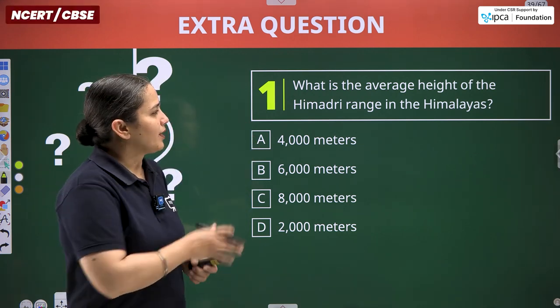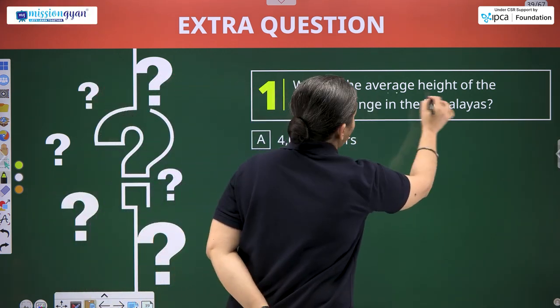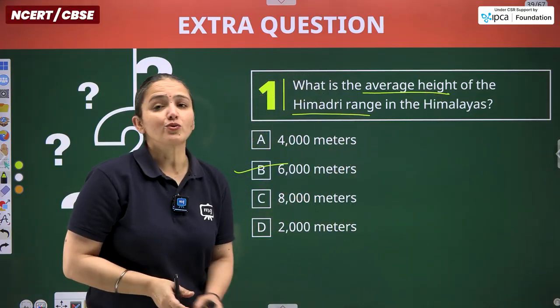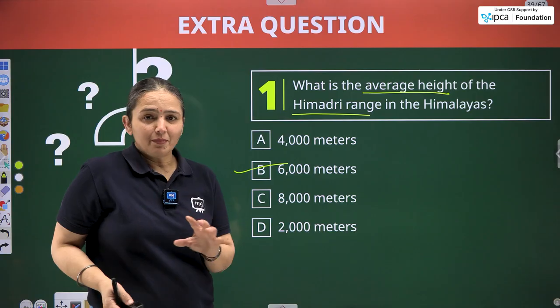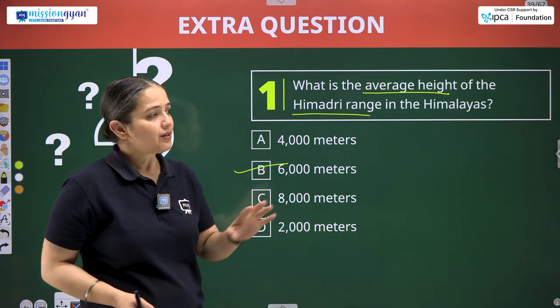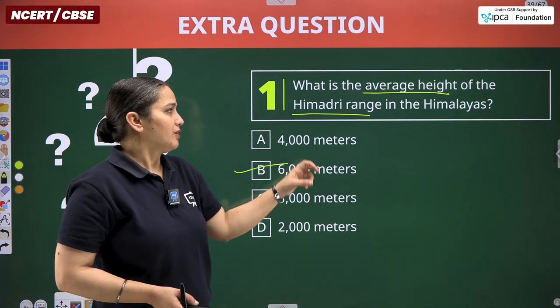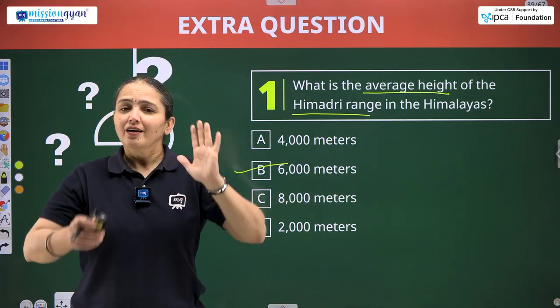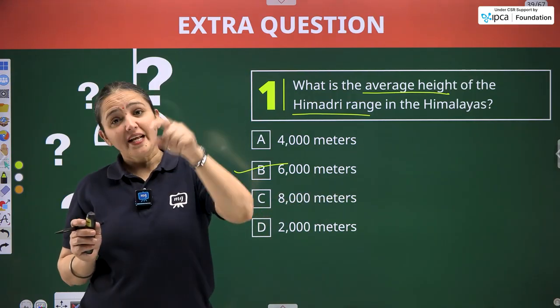Here is question number 1. What is the average height of the Himadri range? Again, that is 6,000 meters. Remember one thing particularly: whatever questions I am creating, writing or forming, all these belong to your textbook.